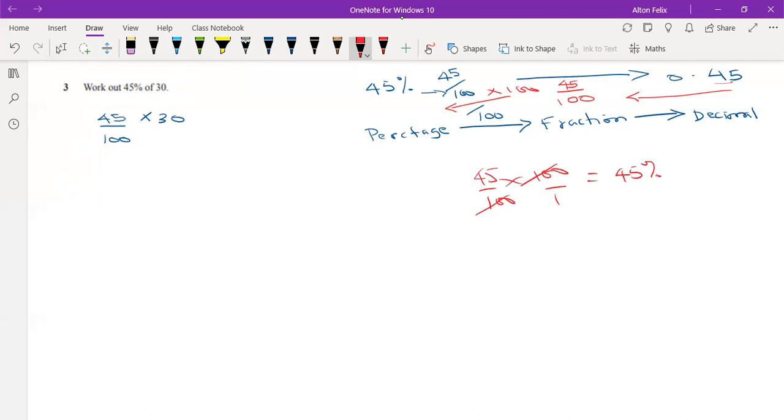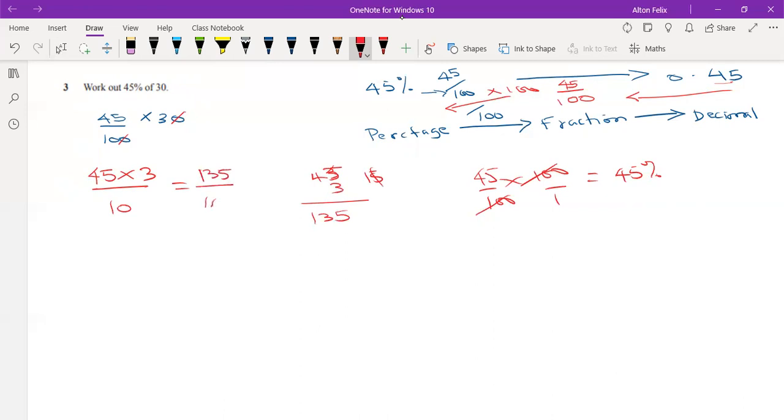So let's go back to the sum. Well, we can divide by 10. 30 divided by 10 will be 3. 100 divided by 10 will be 10. So this becomes 45 multiplied by 3 divided by 10. So let's work that. 45 by 3, you can work that on your calculator. 5 3s are 15, or you could work it out as shown. 4 3s are 12, it's 135.